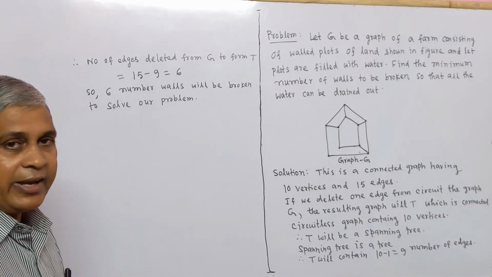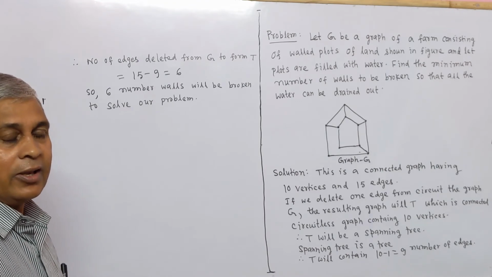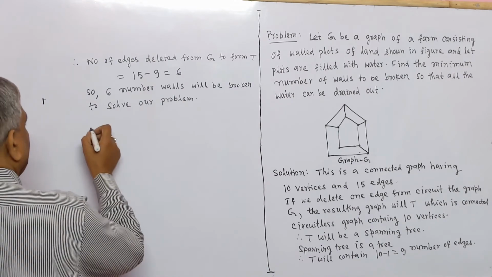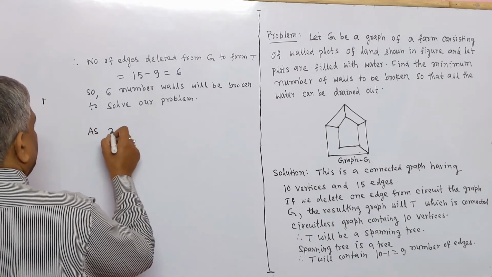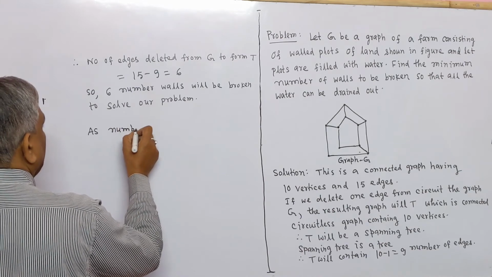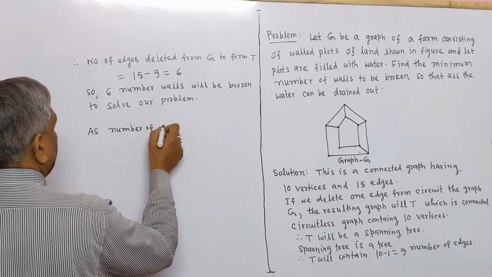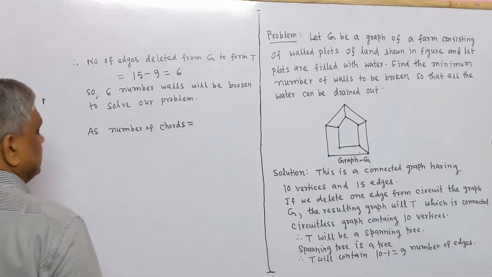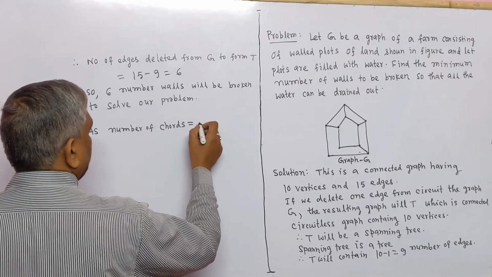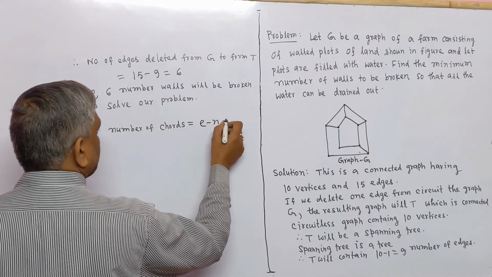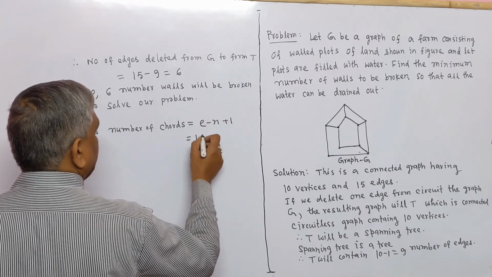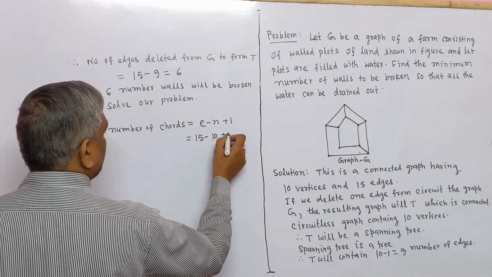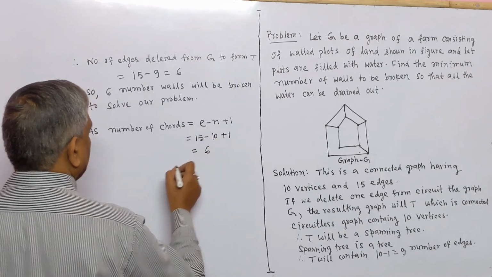With the help of the direct formula, we may also solve this, as number of chords equal to e minus n plus 1, e being 15, minus n which is 10, plus 1, equal to 6.